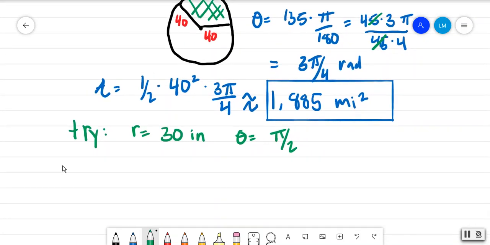If you think of a circle with a central angle of 90 degrees, this is going to be the shaded region.